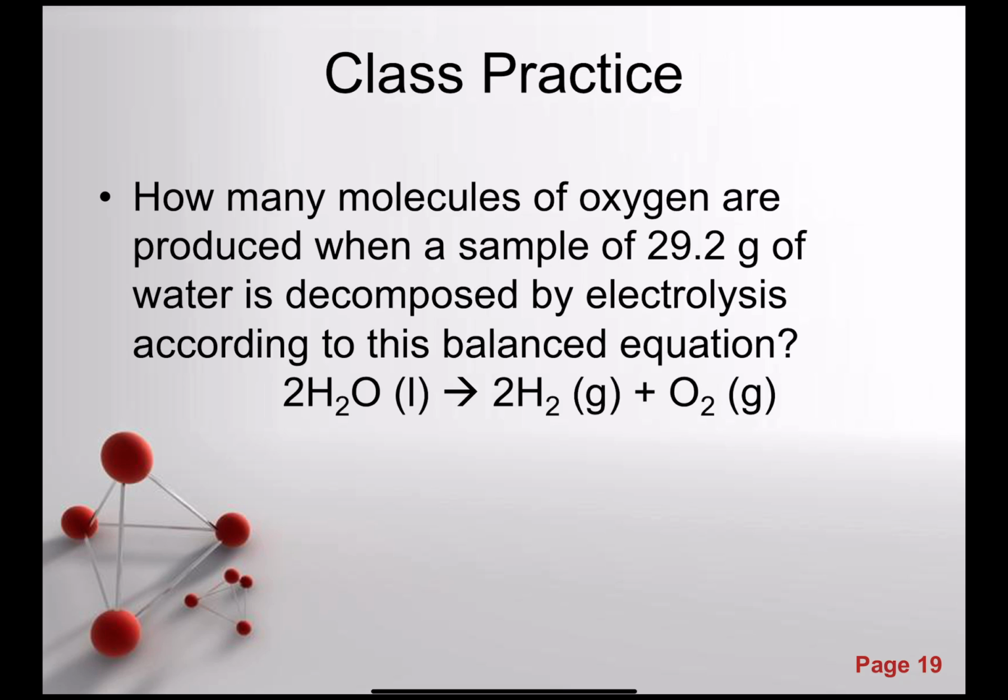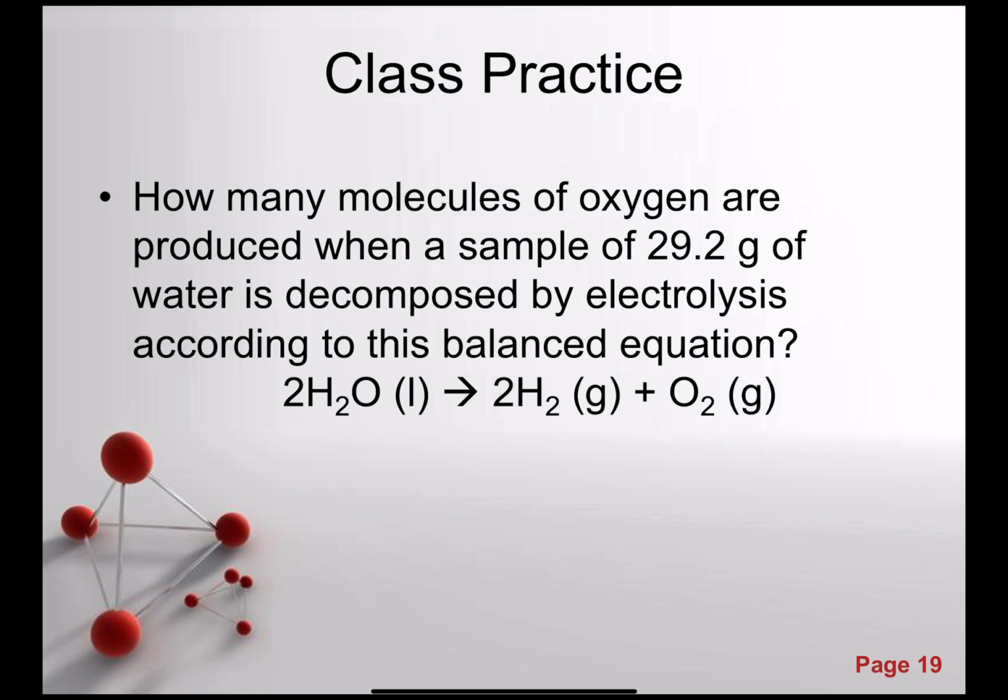So I've got a couple examples for you, and then I will let you do a couple of practices with each one. So, how many molecules of oxygen are produced when a sample of 29.2 grams of water, so this is what they are telling us, so we know that we want to start with that, 29.2 grams of water, is decomposed by electrolysis according to the balanced equation.